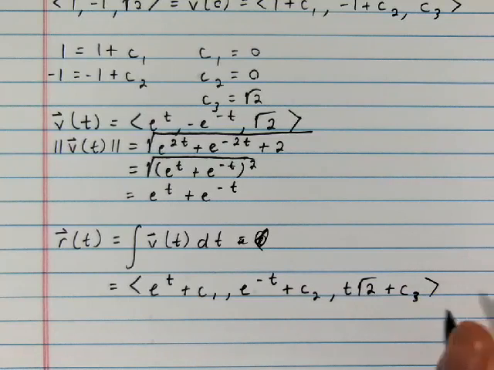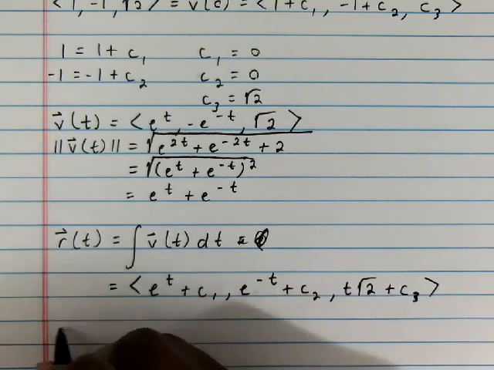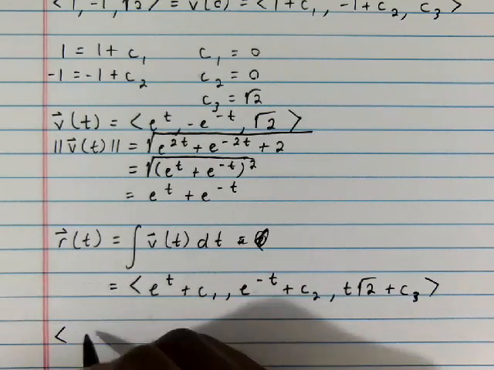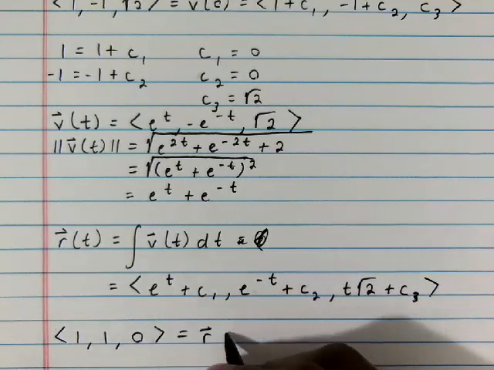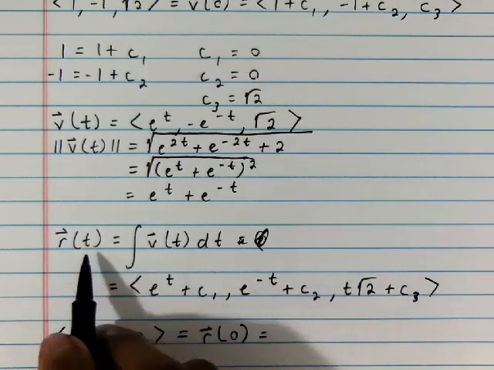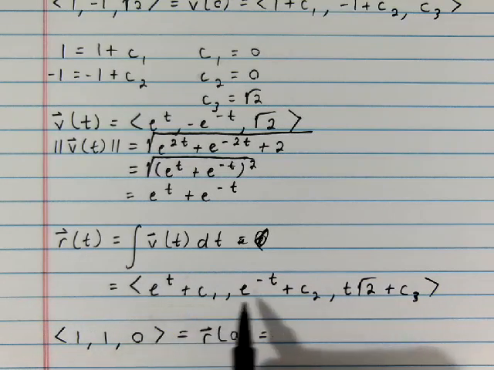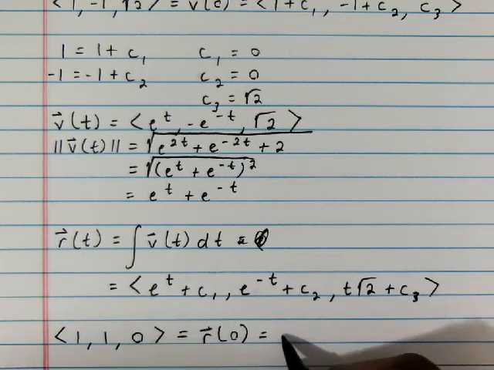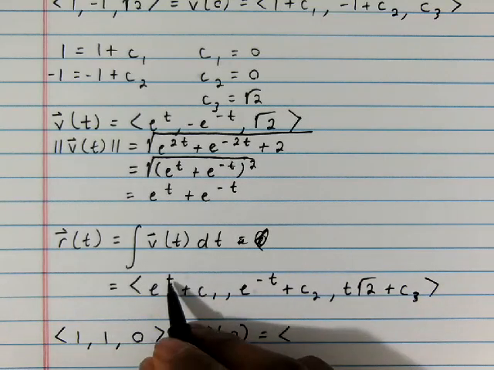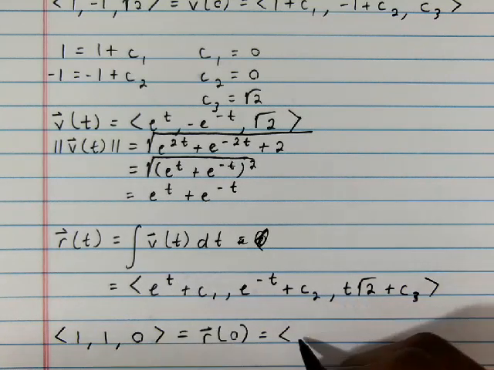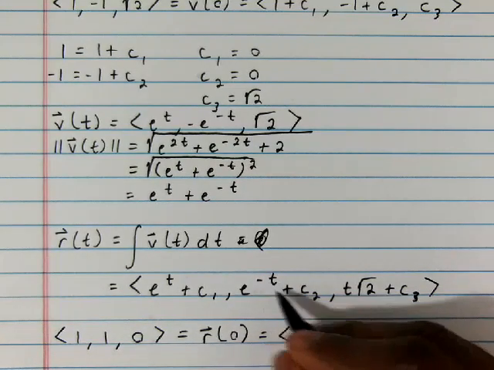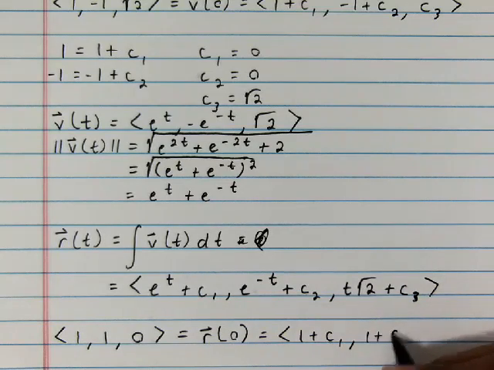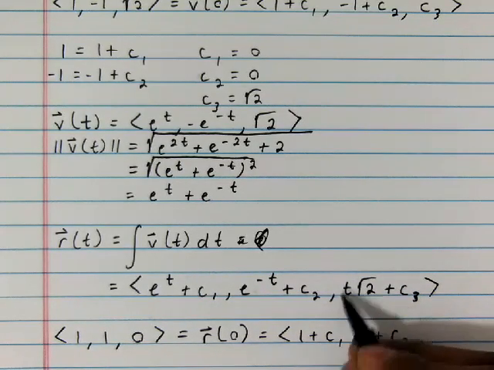So now what I'm going to do is use my initial position we were given, that 1, 1, 0 equals r of 0. And then we found r to be this. So we're going to take zeros and plug them in here for t. And we'll get e to the 0, which is 1, plus c1. E to the negative 0, which is 1, plus c2. And then 0 plus c3.